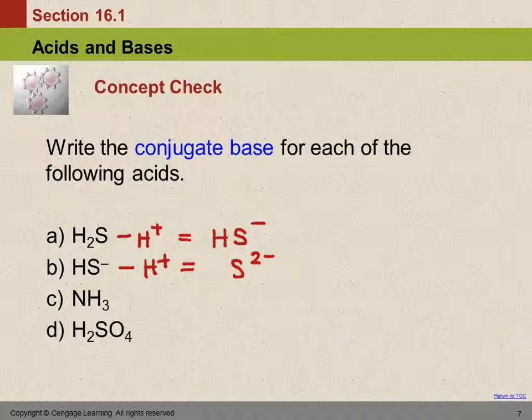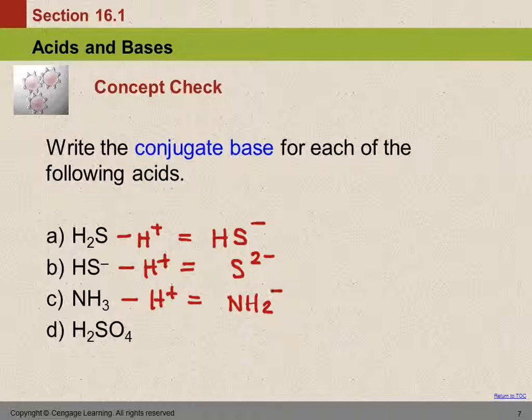How about NH3? You may say, well, that's not an acid. Well, but it can act as an acid. Let's just do the same thing, just apply the pattern to it. If we subtract a hydrogen ion from that, we end up with NH2, and then we're subtracting 1 from the charge.